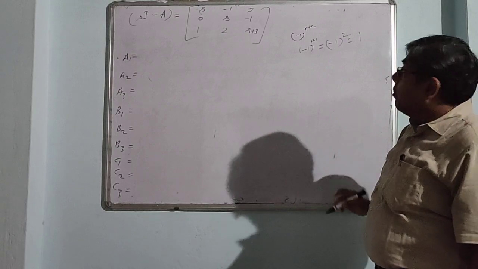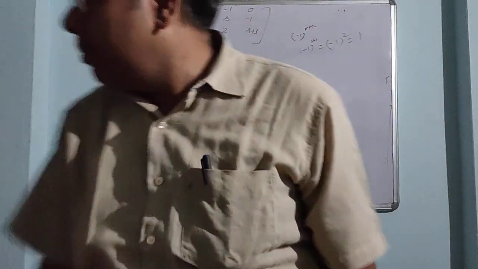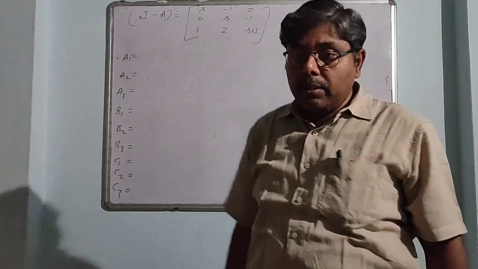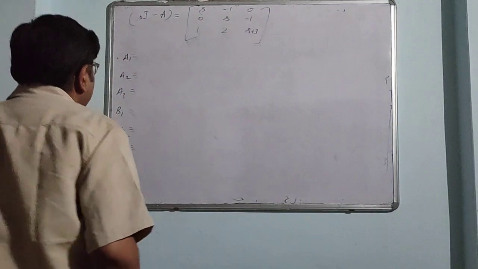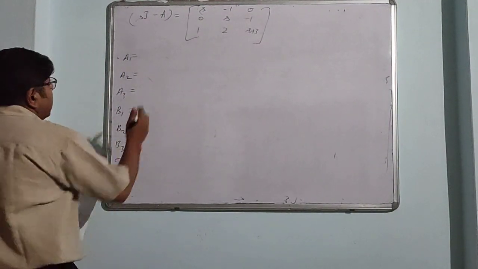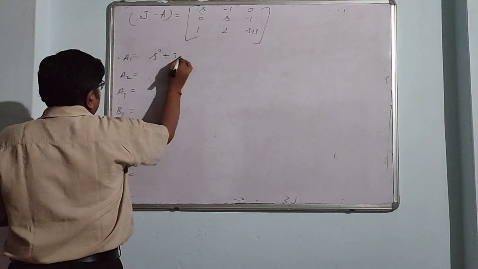So for even numbers we have positive, and for odd numbers this is negative. So after calculating cofactors, next I am writing all cofactors of this directly. You can calculate and check. So this is the first one.